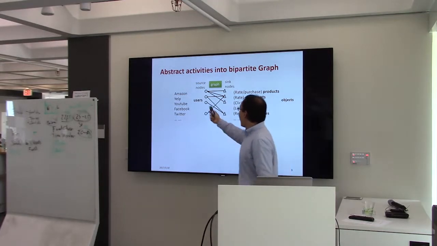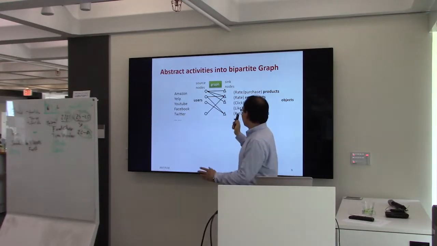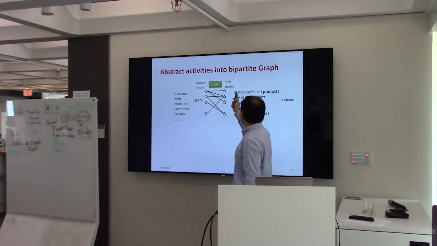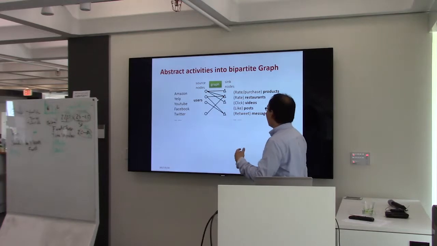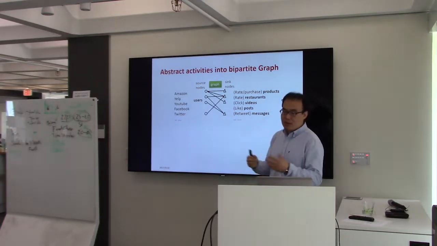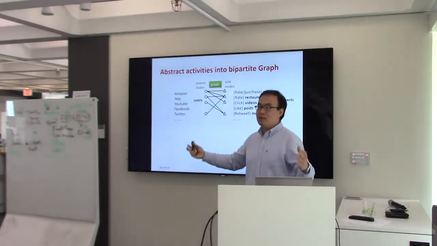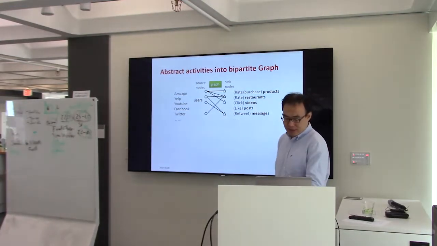The edges between those two sets of nodes are ratings, purchases, clicks, likes, and retweets of messages. In that way, we can represent a general application's data as a bipartite graph.